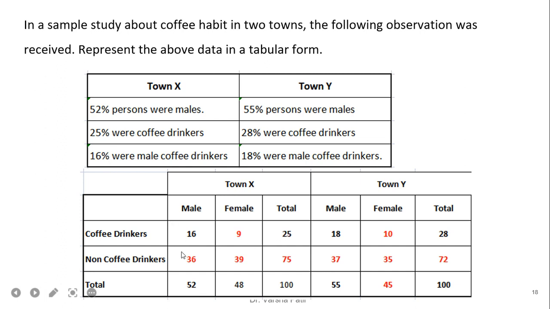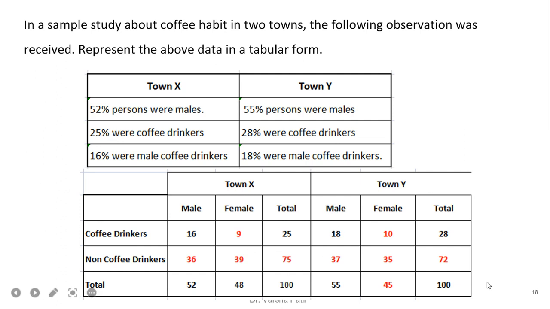Once you know this information, you can calculate the remaining information. 16 were male coffee drinkers. When we know the 52 and 16, we can calculate this field, so 36 gets calculated. When we know the 25 and 16, we can calculate the 9. In this way we can calculate all the table information.